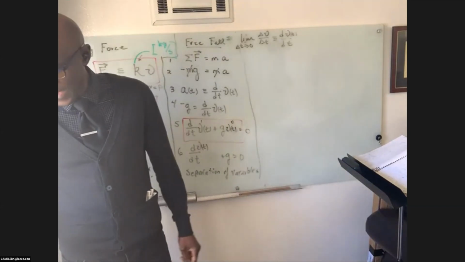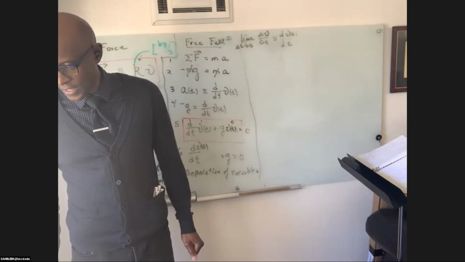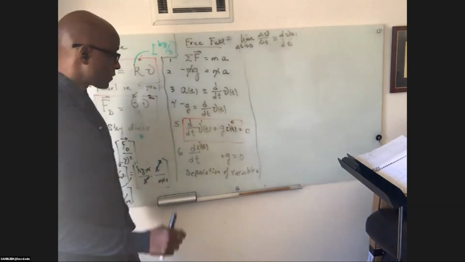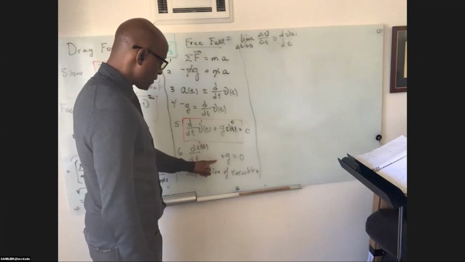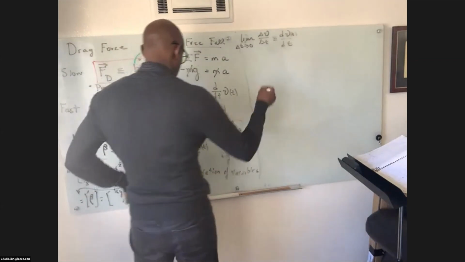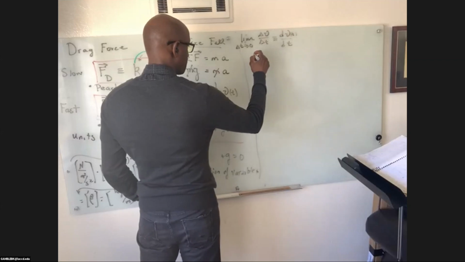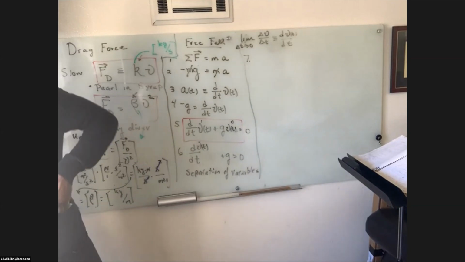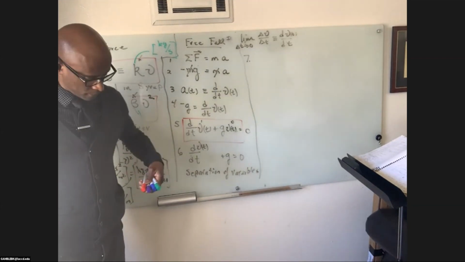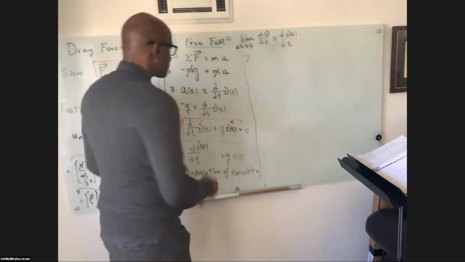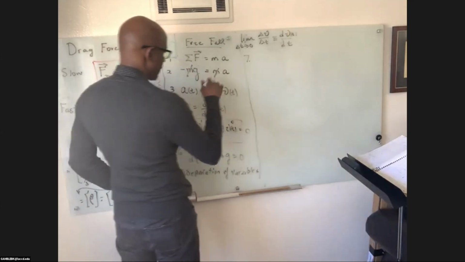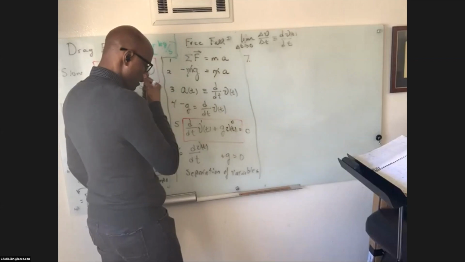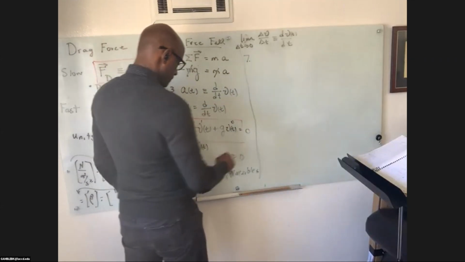So that said, when I solve this, I am going to anticipate a particular result. First of all, I'm going to take the g over to the other side. So applying separation of variables, I'm going to take the g over. And I know I'm kind of going backwards. I already had it like that in the beginning, but I just wanted to illustrate what a differential equation is, and you'll get to that.